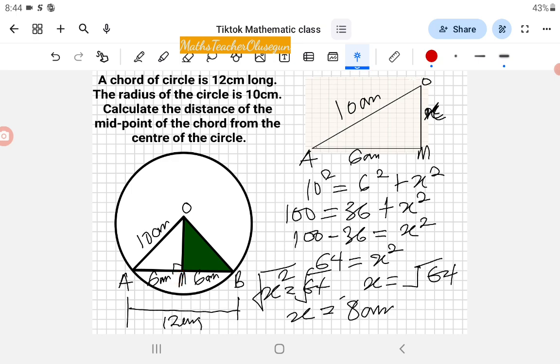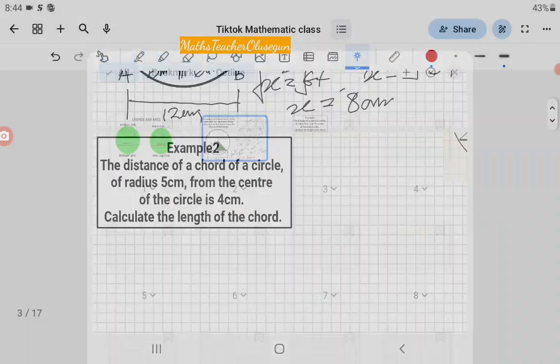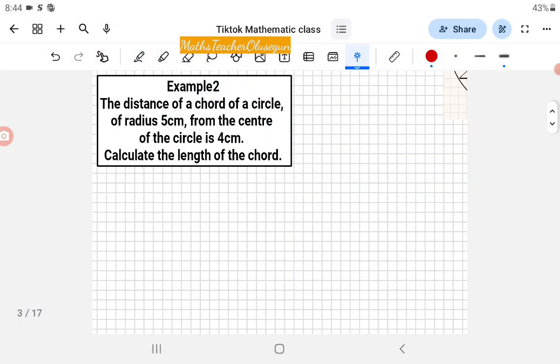Let's go to another example that explains this in detail. This is a very good, reasonable example also. This is example 2. The distance of a chord of a circle of radius 5 centimeters from the center of the circle is 4 centimeters. Calculate the length of the chord.